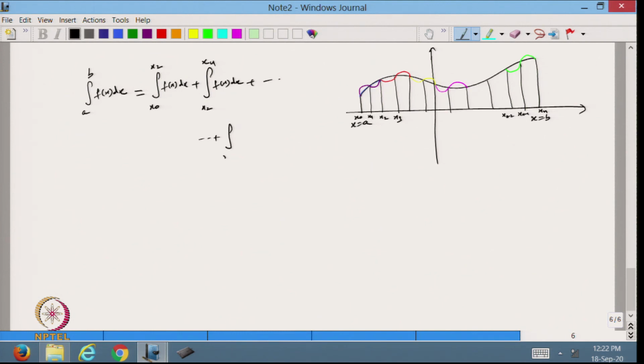In the end I will get the integral from x(n-2) to x(n) of f(x) dx.